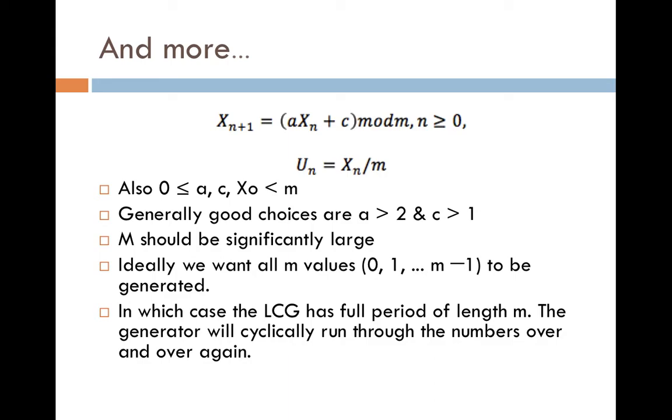So if m is 100, we develop all the values 0 to 99 in some order, and that'll be a successful full period length of m. And that's a great success because we have all these numbers. Our period is the full length of m, and it's a successful attempt at making a recursion sequence.